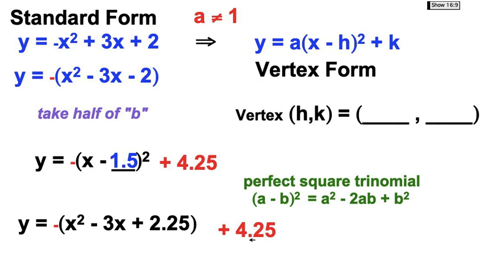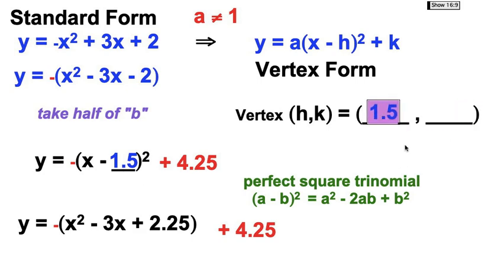When I add 4.25, I get my c term. I get my 2. Now, you could have written that out if you wanted to. You could have said minus x squared plus 3x minus 2 1/4. And then it would be more obvious that you have to add 4 1/4.